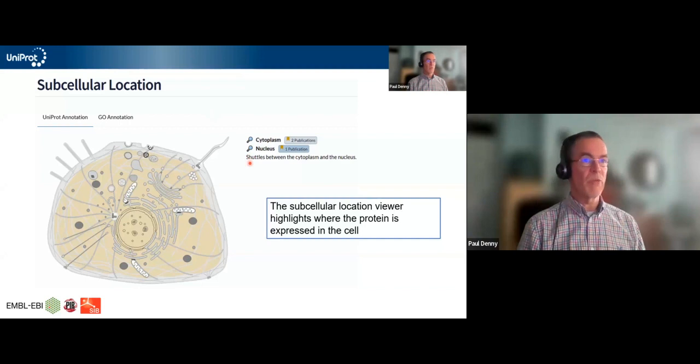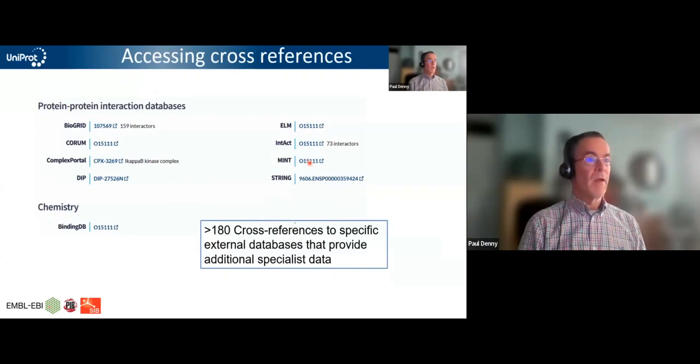And it just happens to be a protein that shuttles backwards and forwards from the cytoplasm into the nucleus. And moving back to something I mentioned earlier, cross-references. These are a very powerful part of the UniProt KB database. Each entry has a very large number of potential cross-references to other external databases that have additional data.